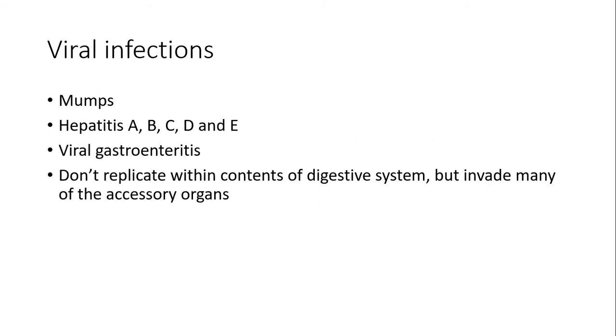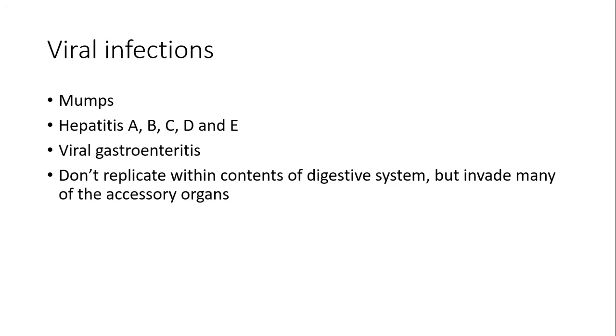Next, we're going to move into the viral infections. And this will include things like mumps, which we don't see very often anymore because of a vaccine. All the ways you can get hepatitis, viral gastroenteritis, and so we'll talk about all of those. What's interesting about viral infections is that they don't replicate within the contents of the digestive system.